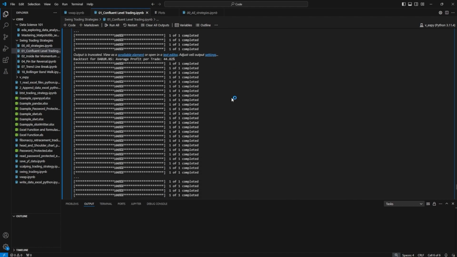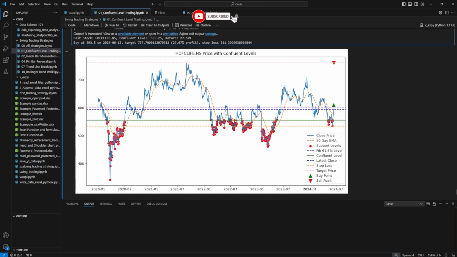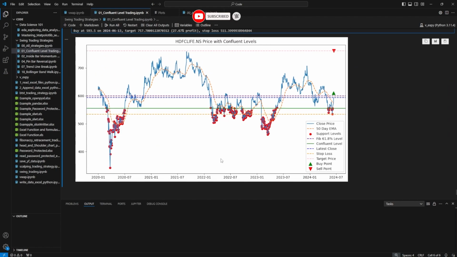Then for Dabur, the backtest again gave 44.82%, which is again good. Now this is a chart that it has created. Note that the data we passed to this algorithm was at the daily level.